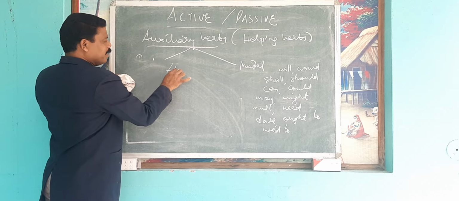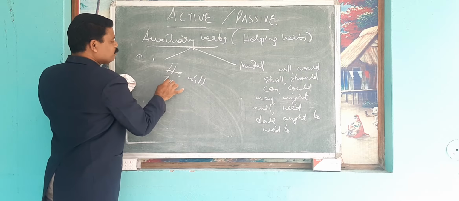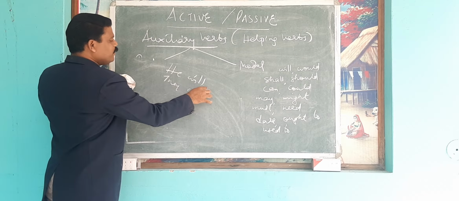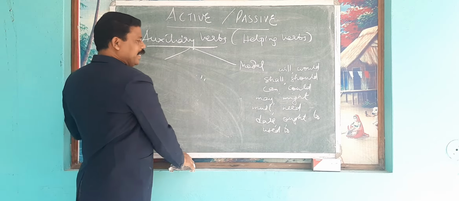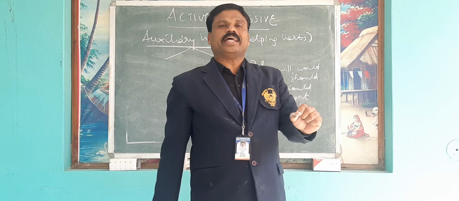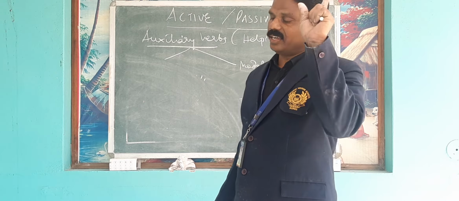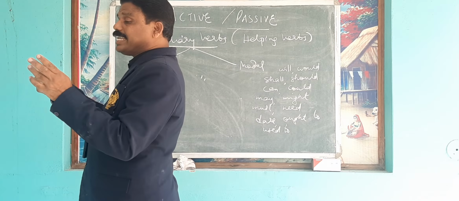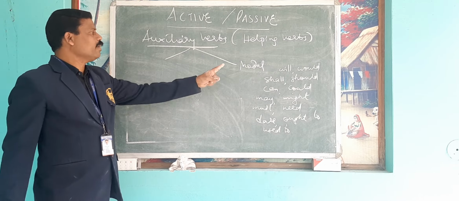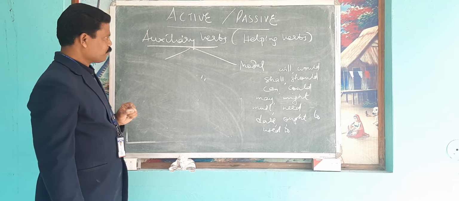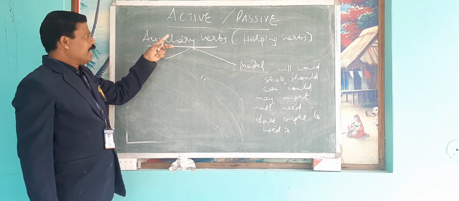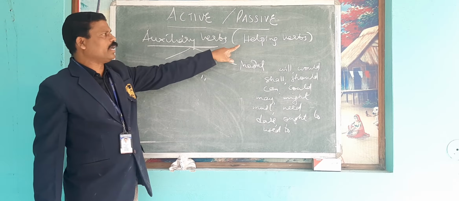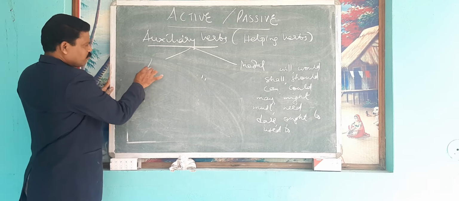For example, he will, they will. So the main difference between primary and modal auxiliary verbs is that there is no singular plural difference in modal auxiliary verbs.